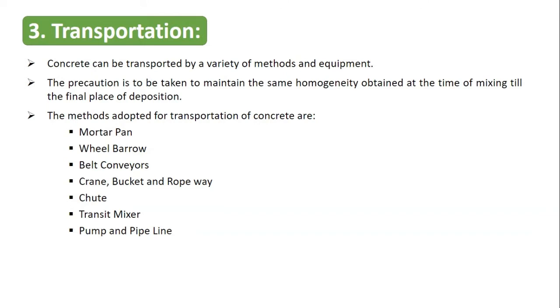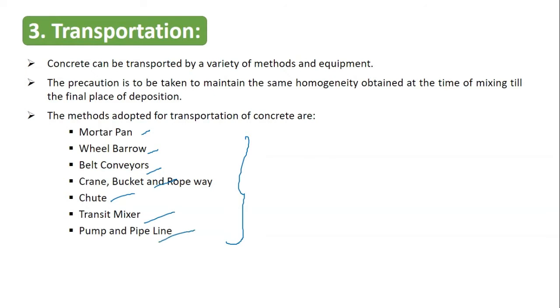So we are going to say what are the ways in which you can transport this concrete from one place to another. As you can see, these are the different methods through which you can transport the concrete. First one is mortar pan, wheelbarrow, belt conveyors, crane buckets and ropeway, chute, transit mixer, pump and pipeline.